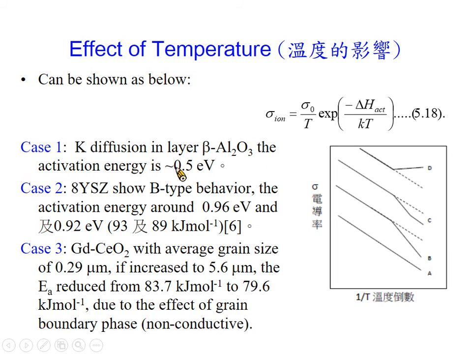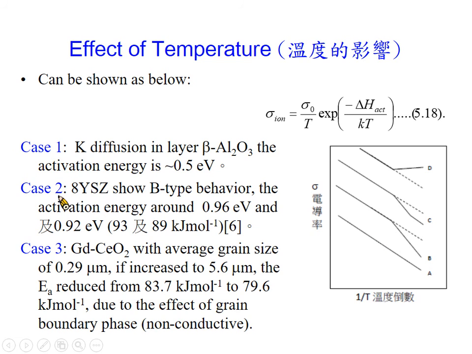The activation energy is 0.5 eV. That shows almost a straight line from room temperature to about 400 degrees over here, showing a single diffusion mechanism controlled by the potassium or sodium species diffusion.